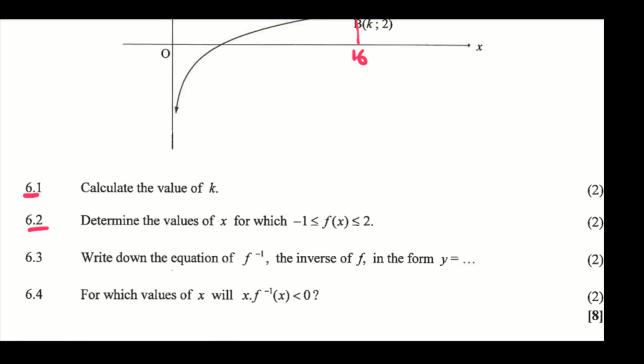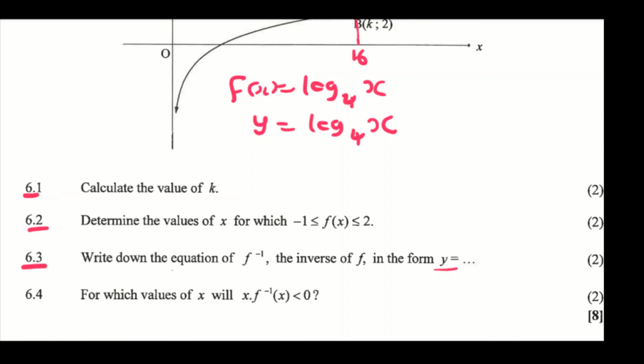Now 6.3 says that we should write down the inverse of f in the form y equals. So we have our equation of f being log base 4 of x, right, which you can write as y equals log base 4 of x, and then you swap the x and the y.